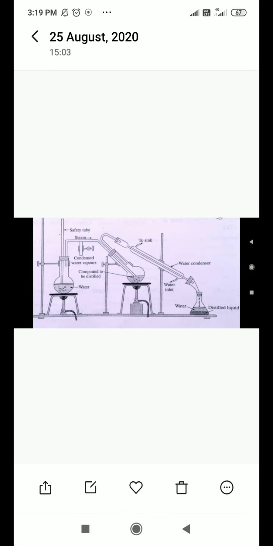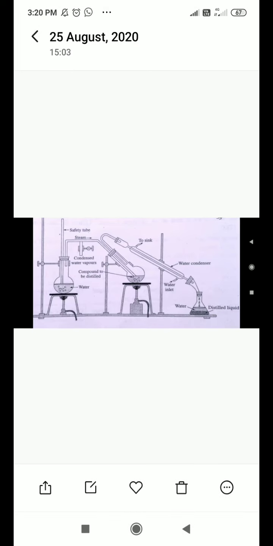Most important, it gives you the product in pure form, 100% pure. How? Because under reduced temperature, the chemical nature of the compound remains stable. As the chemical nature remains stable, your compound comes out in pure form.